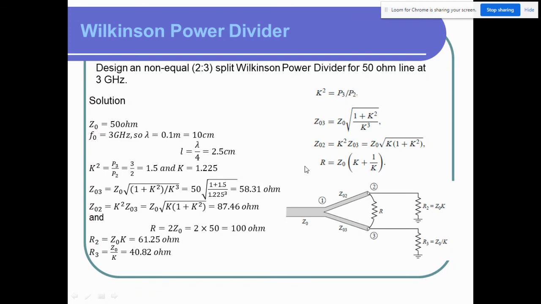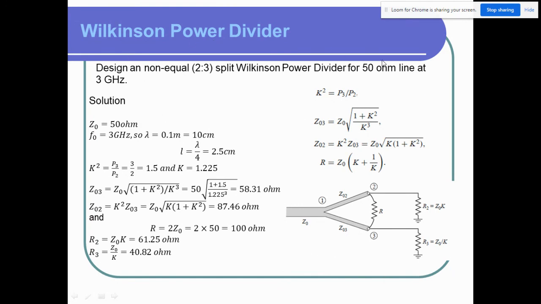I will correct it in the slides later on when I upload them. And then the connection for R2 will be with 61.25 ohm and 40.82 ohm. So this is the way of the power divider so far.